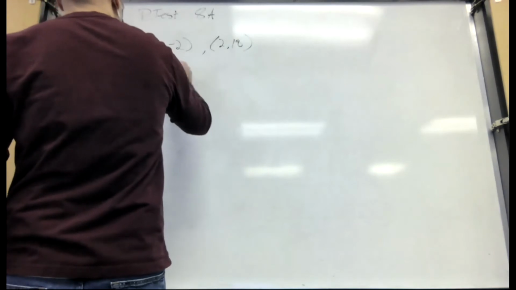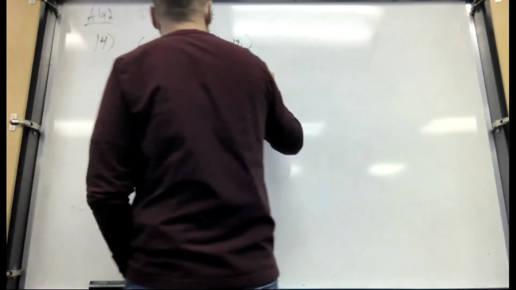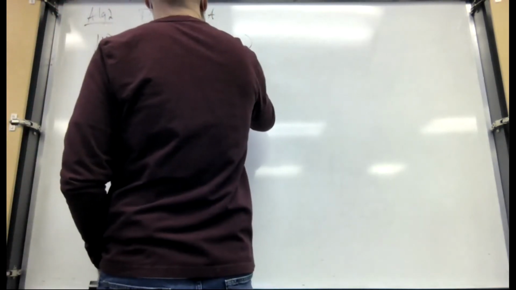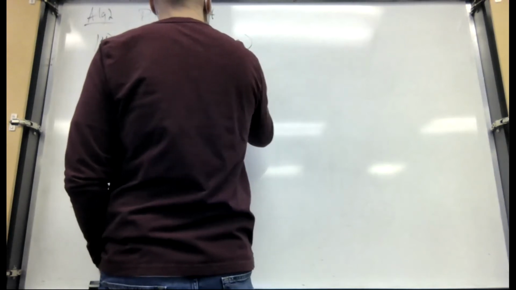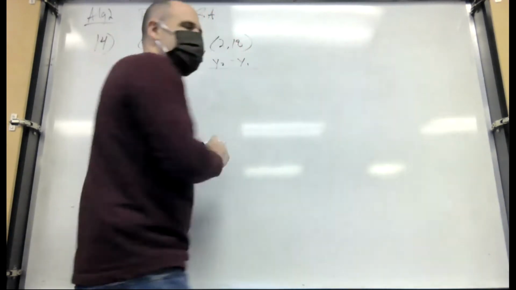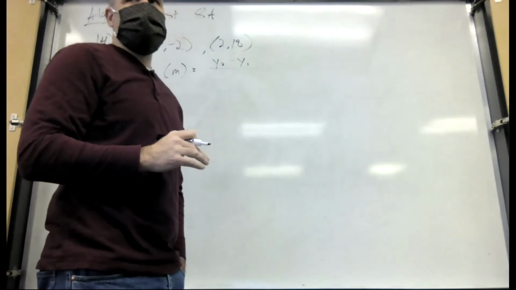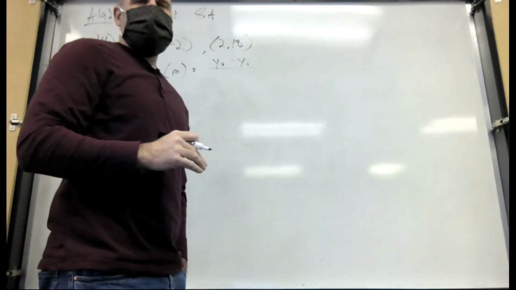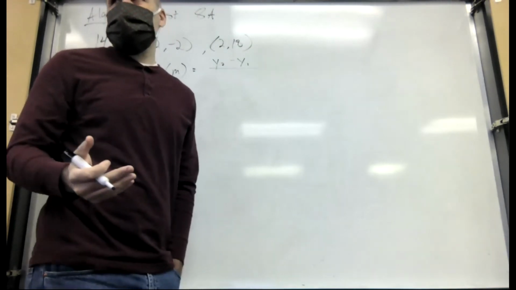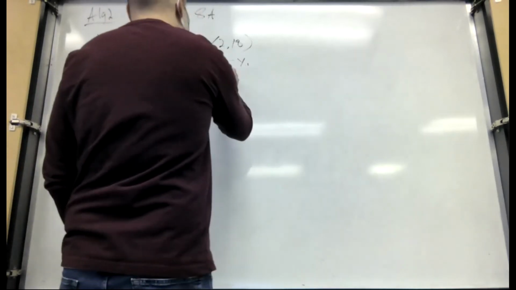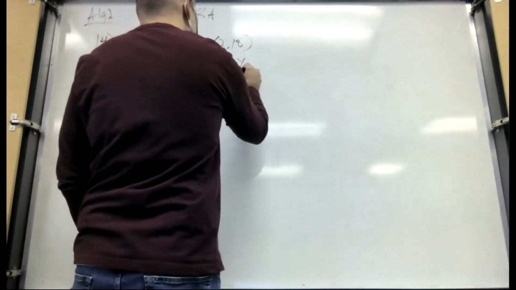That equation fraction. Is it like y2, y1, x2, x1? So you're finding the distance. In math, it's important to remember that distance means the same thing as difference. Okay, the difference of y's and the difference of x's.